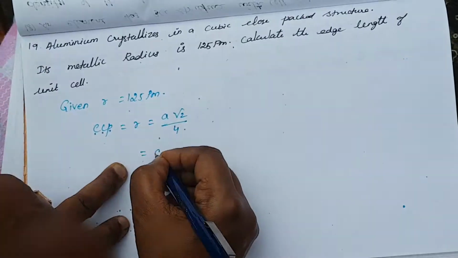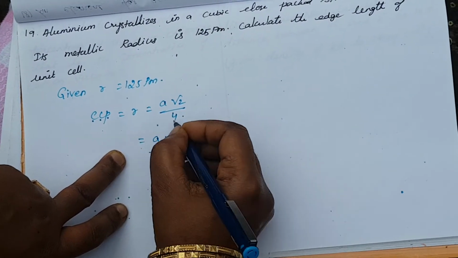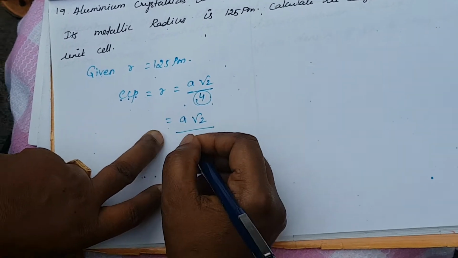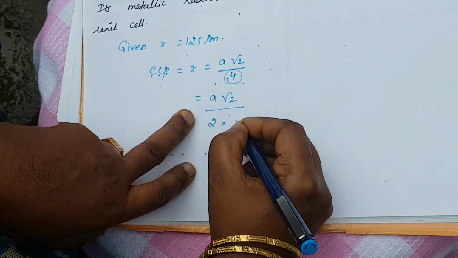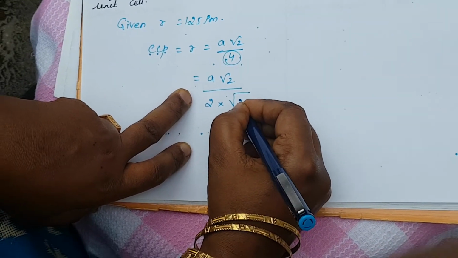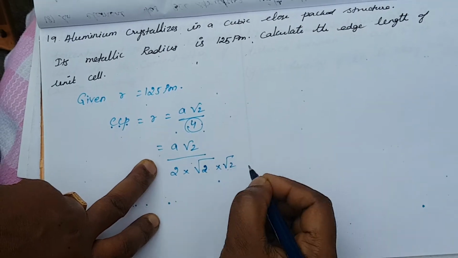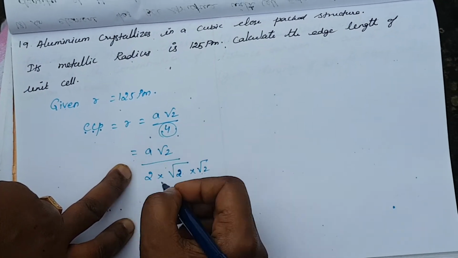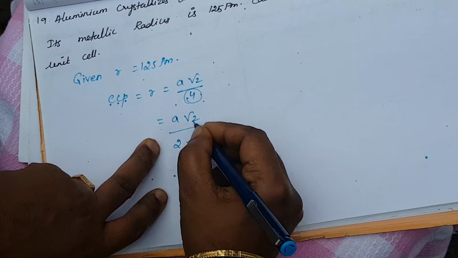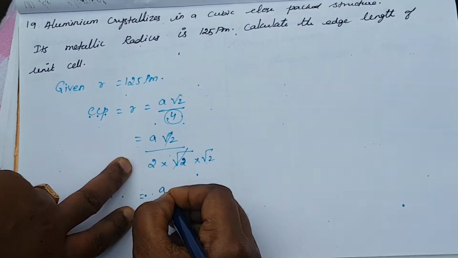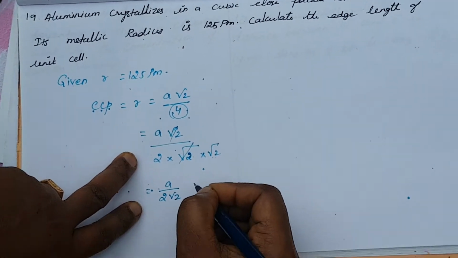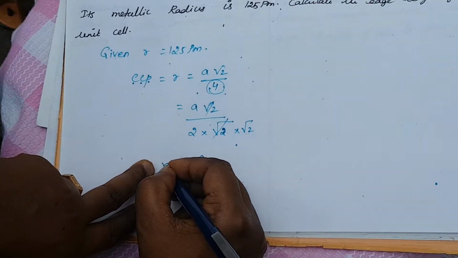The 4 we can write as 2 into 2, so that is a by 2 square root of 2. This is the R value.